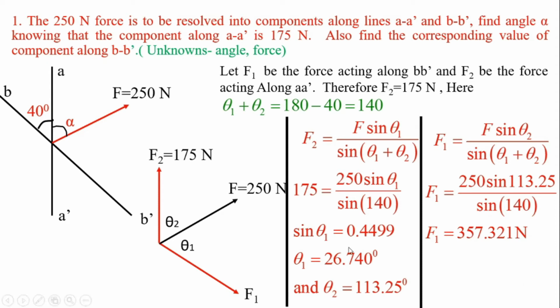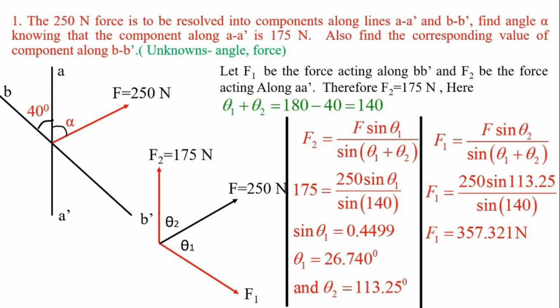Already we have calculated theta 2 as 113.25. So sin of 113.25 divided by sin of 140 is equal to 357.321 Newton. So this is F1, that is the component along BB dash, and in this way the component along BB dash and angle alpha can be obtained using the concept of skew resolution.